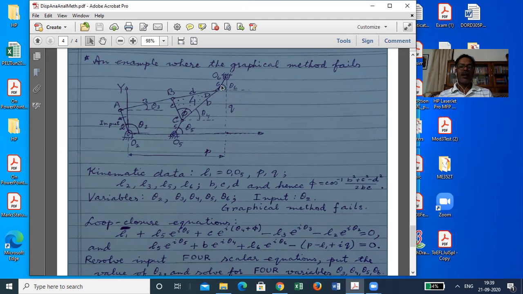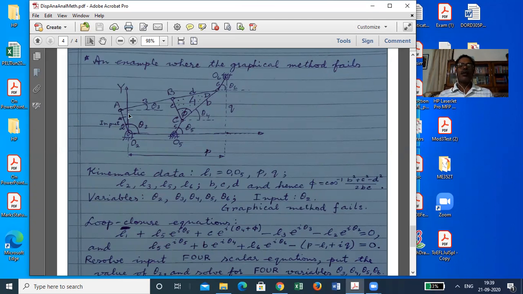Then plus this vector L6 minus this much and this much. So this much is Q, so minus Q, and this much is P minus L1, so that is this. So these are the two vector loop closure equations. And you know why the graphical method would fail? Because this is not dyadic.